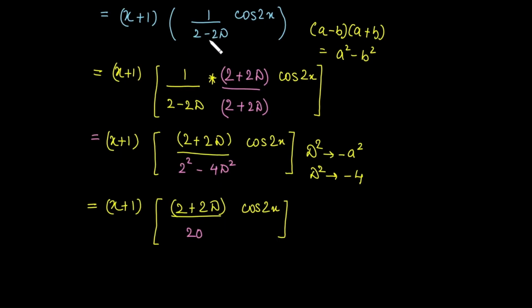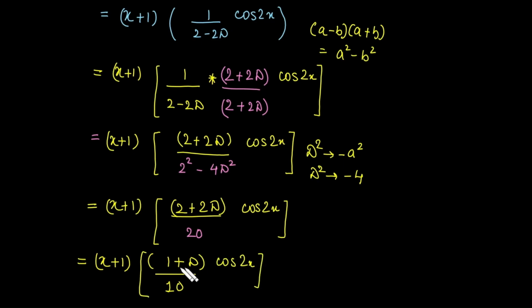You can even take 2 from here outside, but it's okay, we can take the 2 outside from here. After taking 2 outside, we have the simplified form as 1 plus D by 10, because that 2 will get cancelled with the 20. After that we have a 10 in the denominator, cos 2x.